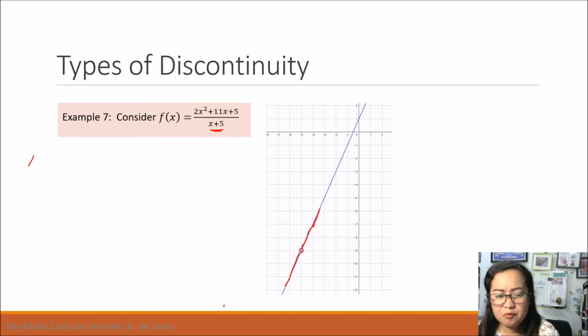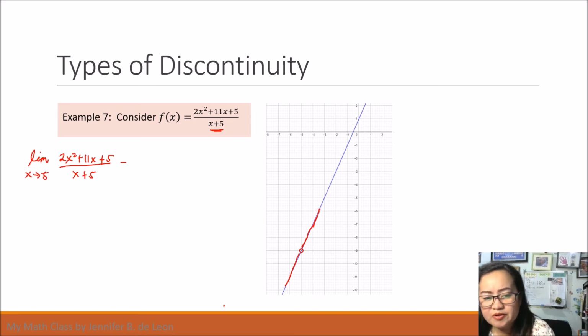Now, if we evaluate the limit of 2x squared plus 11x plus 5 all over x plus 5 as x approaches negative 5, remember that this function is a rational function. So we need to determine whether this is in the lowest terms already.